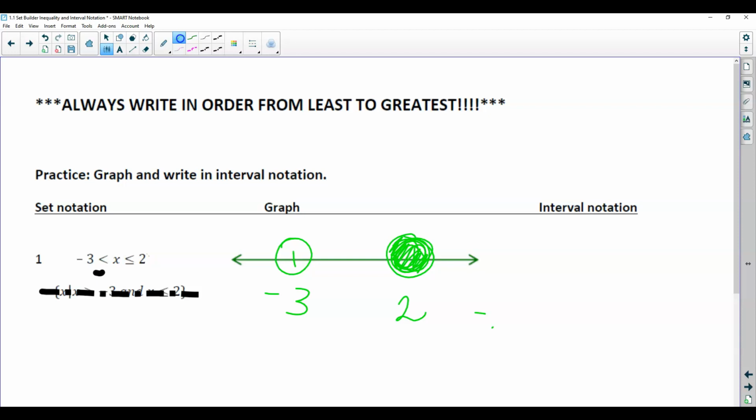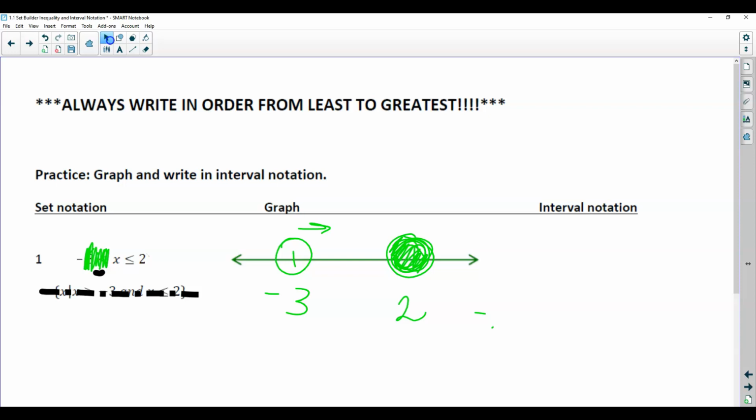So if this was the only thing, I'll just cover that up for a second. If that was the only thing there, would I want my x's to be larger or smaller than the negative 3? Larger. It says x is greater than. So I would shade that way because that's where the x's get bigger. But it's not the only thing because we have this other side, and x is less than or equal to it too.